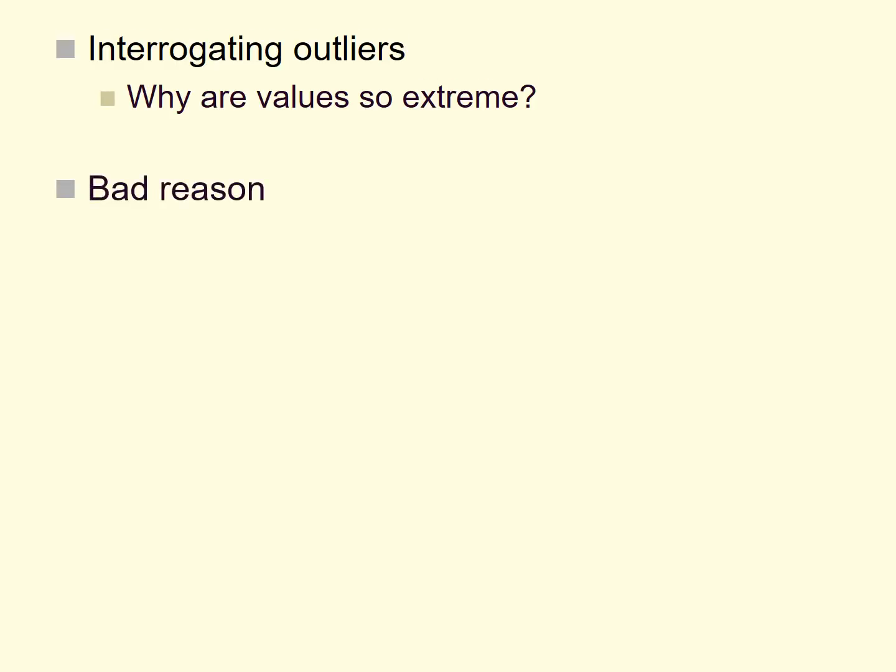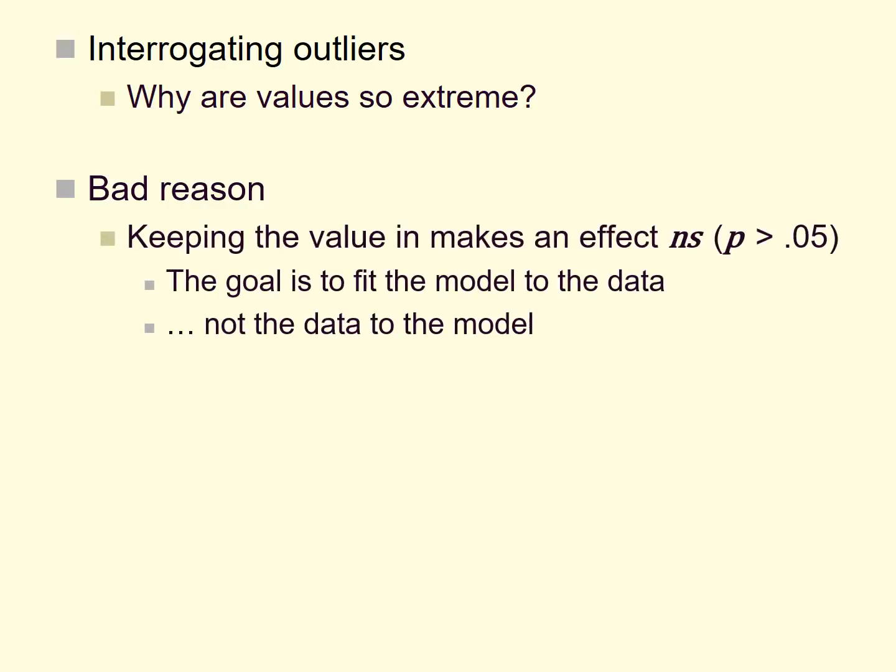Now, unfortunately, there can be bad reasons, or at least one bad reason I can think of, to remove or change outlying values. And that might be that if you keep the value in your data set, it makes your analyses non-significant. So using our traditional criterion, P is greater than 0.05 when you include person number 12 in the data set, but when you remove her, all of a sudden P is less than 0.05.